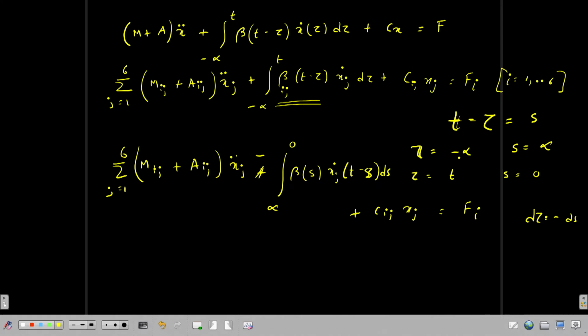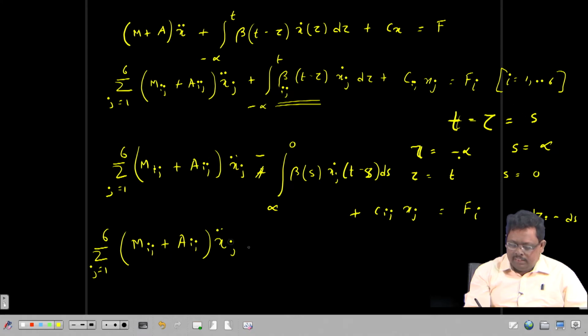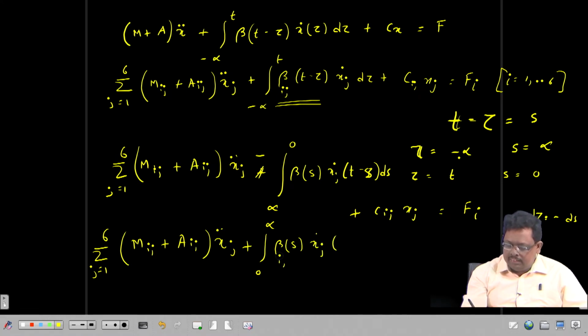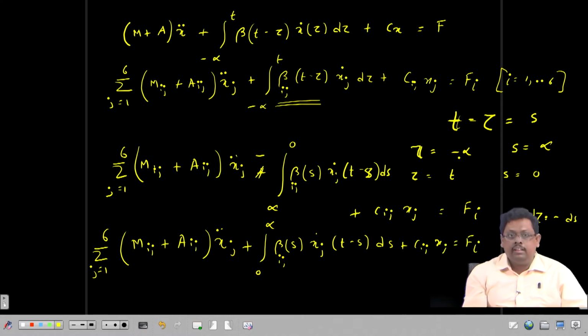If I do that, then the minus sign becomes a plus sign, and finally we have the sum over j equal to 1 to 6 of (m I j plus a I j) into x double dot j, plus the integral from 0 to infinity of beta I j (s) into x dot j (t minus s) d s, plus c I j into x j equal to f of I. I just missed I j here.